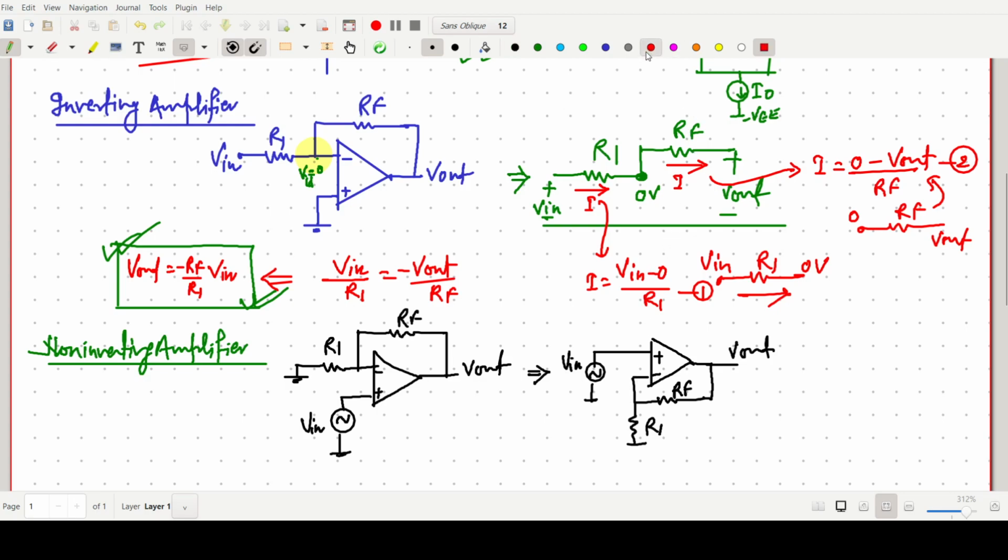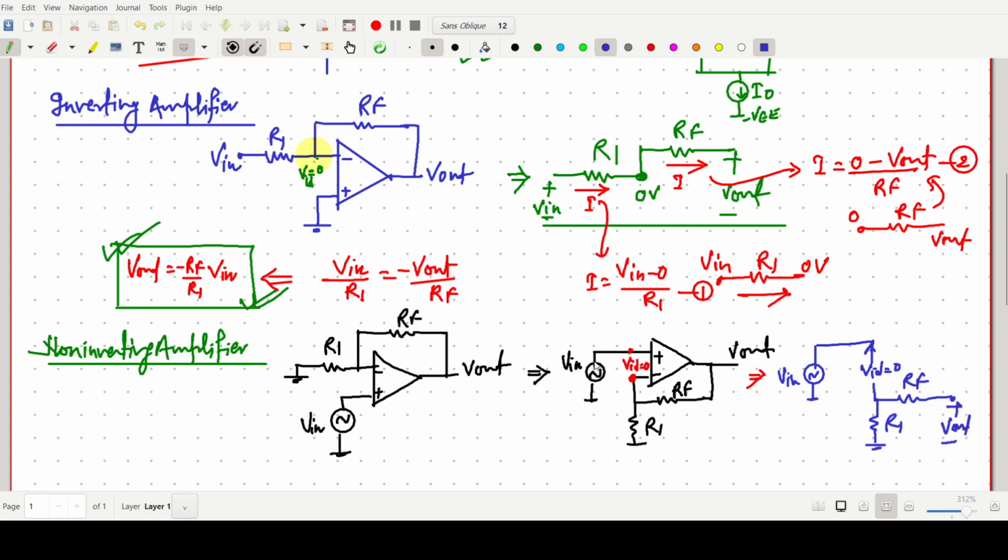Now the voltage in between the two input terminals will be VID, which is nearly 0 volt. So once again one can draw the circuit for this one. V in, and this value of VID equals 0, and this is RF, R1. It should be grounded, and this value will be nothing but simply V out.